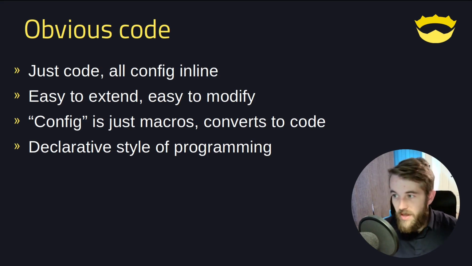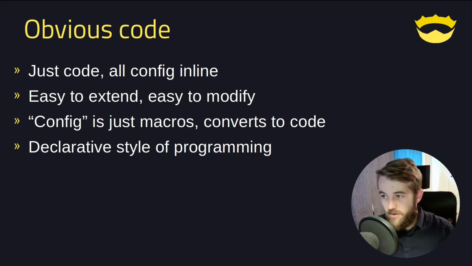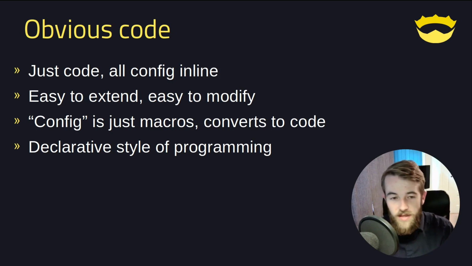I also mentioned that the code is obvious, and of course, this is a really subjective thing. But what I mean here is that everything is just code. There's no config formats that you need to learn. The code doesn't have to parse a keyboard or a config file.